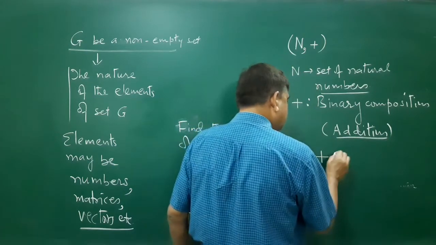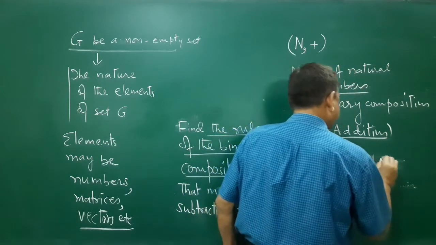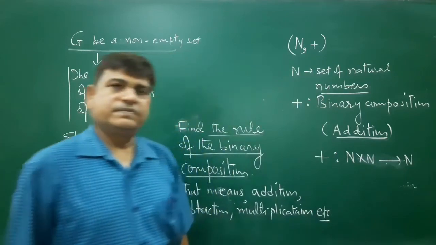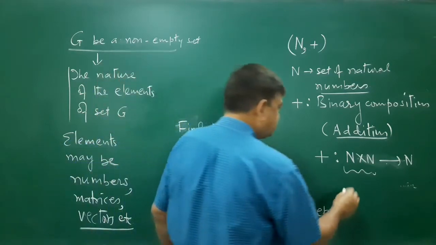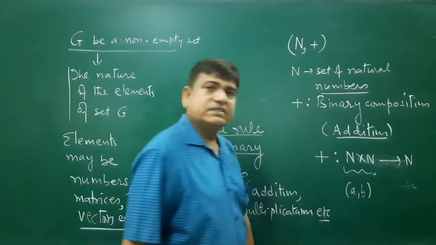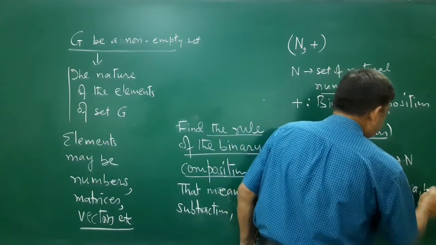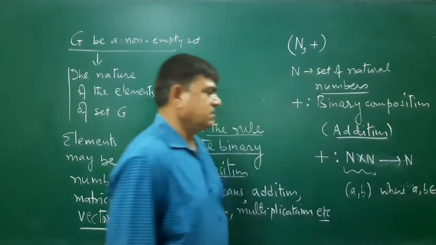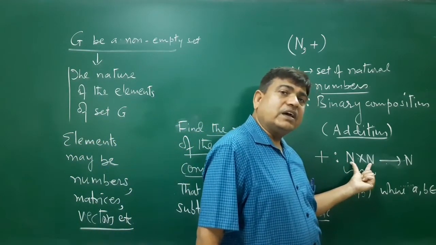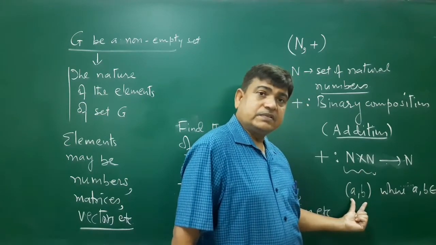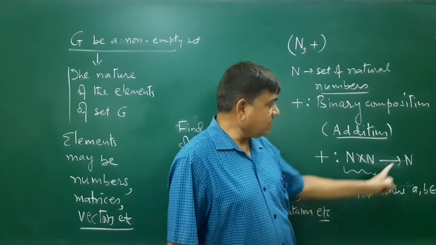So in this binary composition you find the elements like this, (a, b), where a and b both belong to N. So in this set you will find the elements in terms of pairs. So the image, because this is a function, the image of this will be in this set.